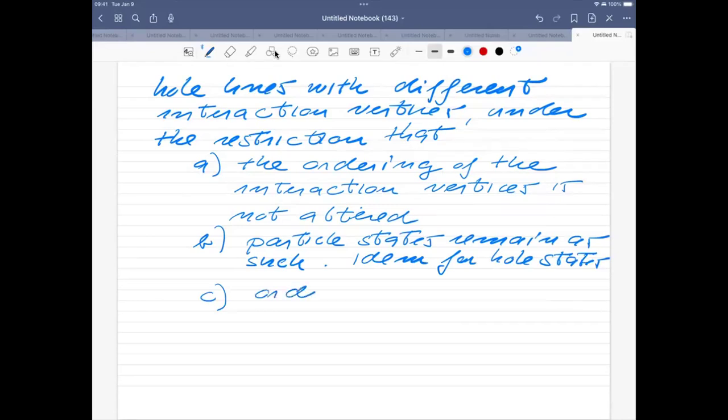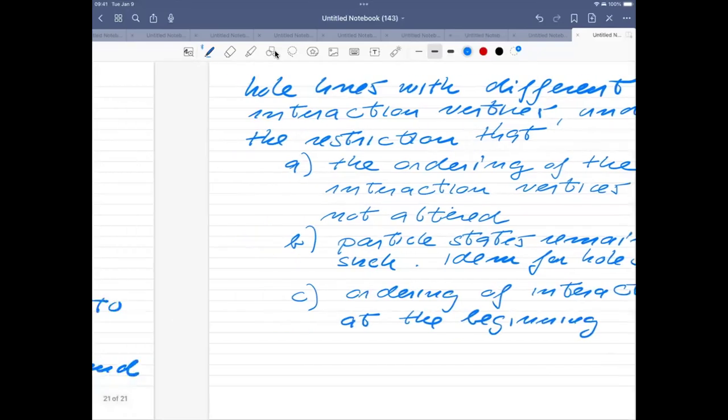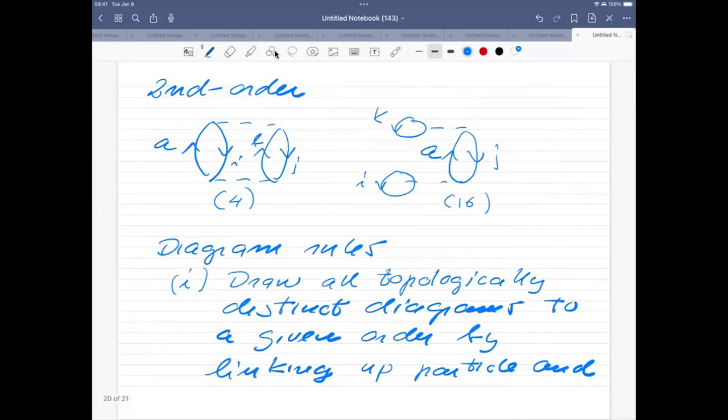So ordering of the interactions at the beginning. If you're thinking of time-dependent perturbation theory, which we will not cover in this course, except when we start looking at Green's function theory, it means that you could now think of the interaction taking place at a time t0 in the beginning.